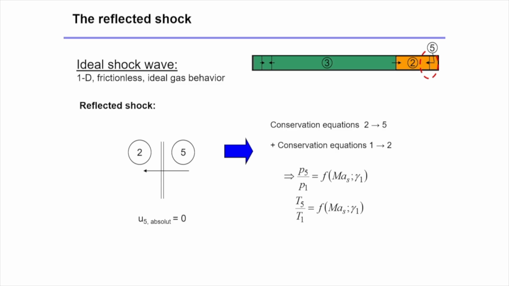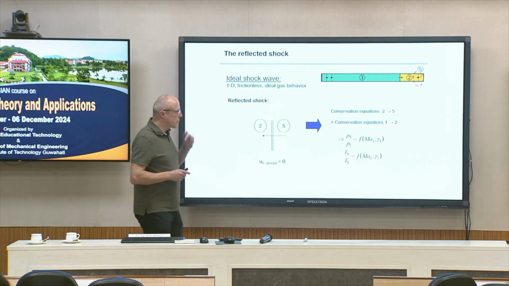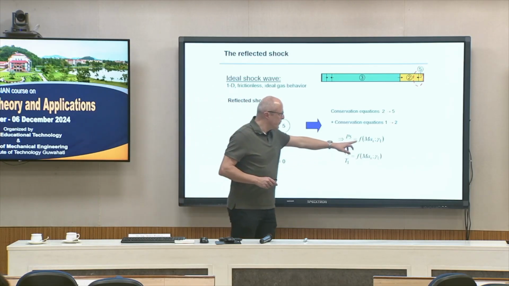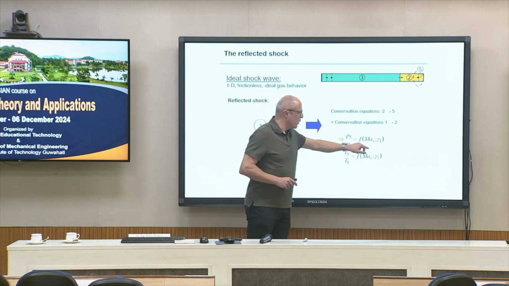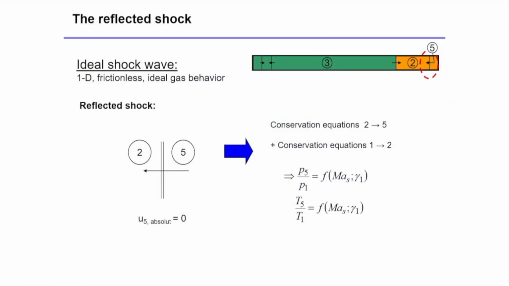I think I have often said driver gas. Of course, this is not correct, it is the driven gas. So gamma 1 and the Mach number of the shock. So we have broken down the complex problem to 2 quantities, which is often helpful.